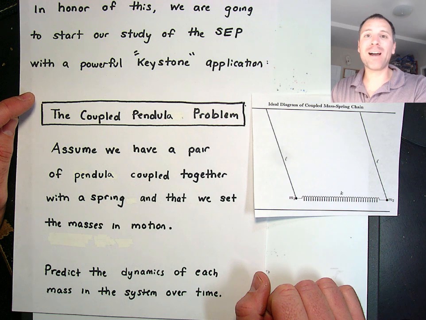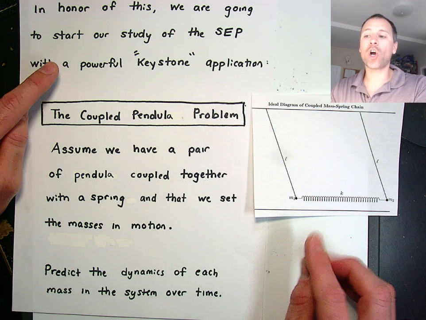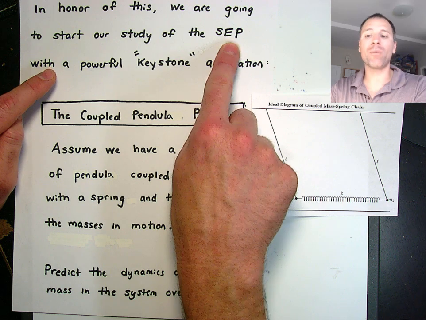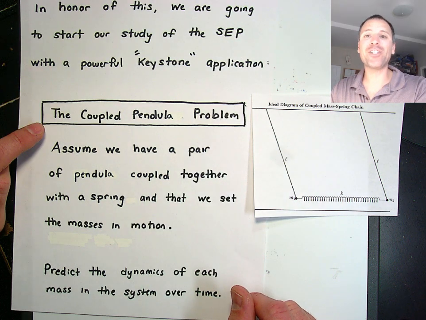With these goals in mind of igniting your curiosity and interest, as well as setting you up to use this theory in your future, let's go ahead and start our study of the standard eigenvalue problem using a powerful keystone application. That application is the coupled pendula problem.